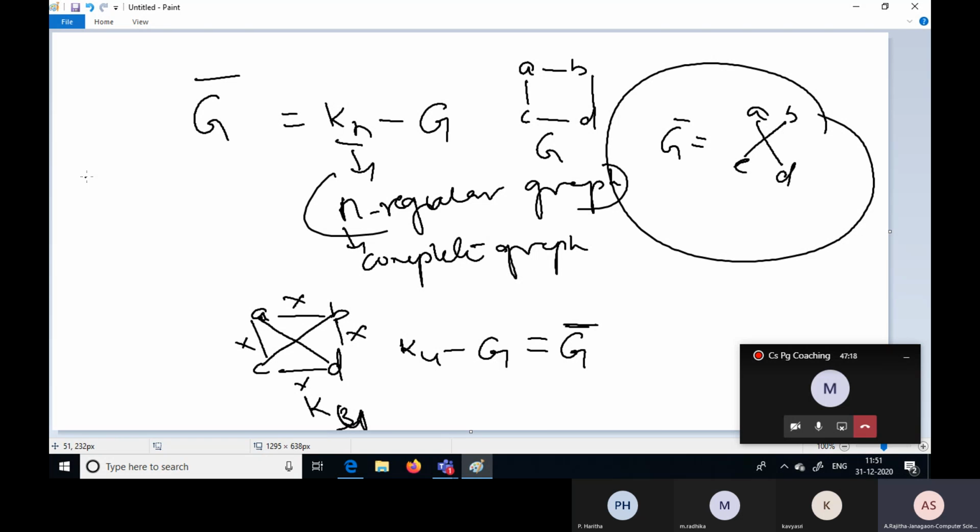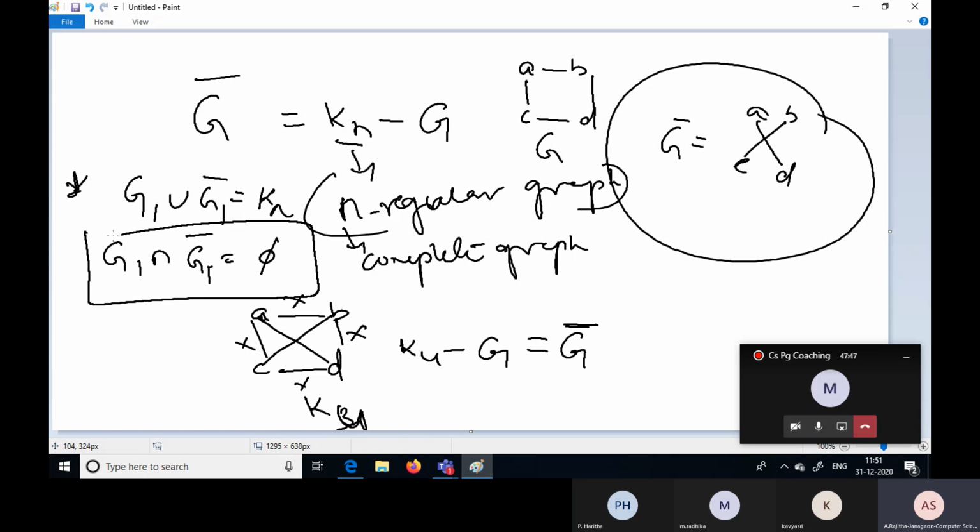Now here one more point, that is G1 union G dash equal to the complete graph, isn't it? And G1 intersection G equal to null set. The given graph and its complement, the intersection of the given graph and its complement gives a null set.